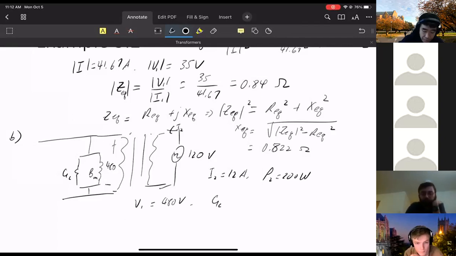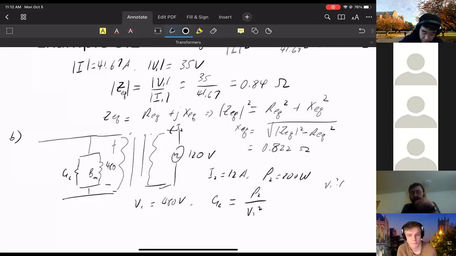So I have GC, the conductance. GC is P2 over V1 squared. Remember, V1 squared times G equals power, since this admittance is the only thing through which we can dissipate power.